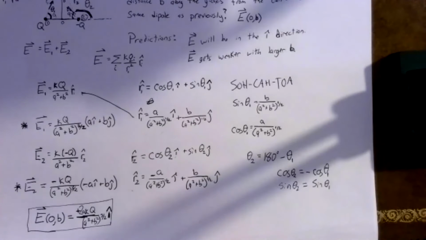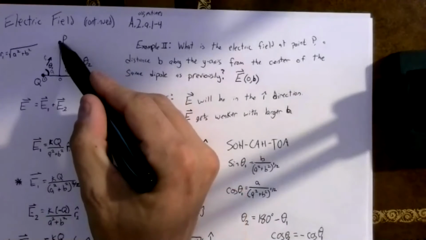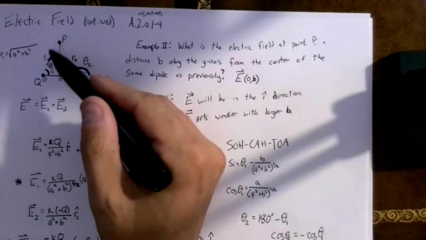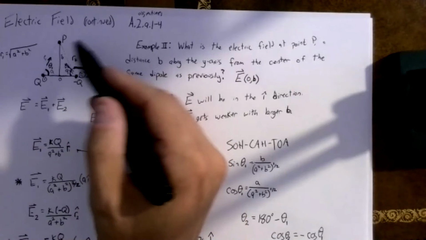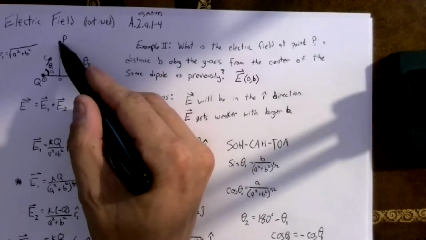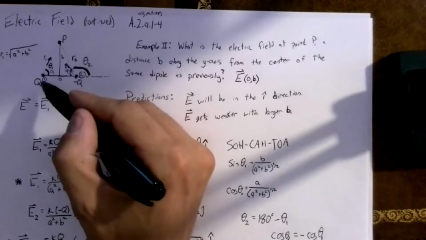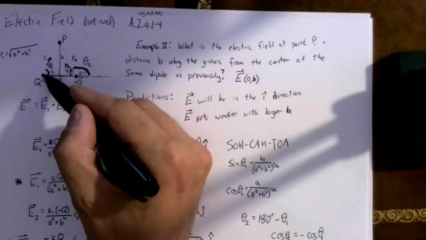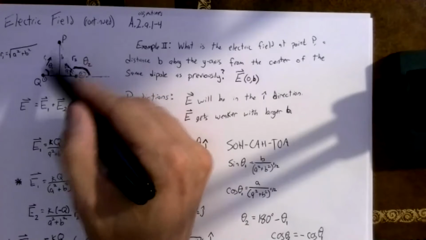So why is the field positive if there's a negative charge? That's a good question. If you're over here and we put a positive charge here, the field is going to point in the direction that a positive charge is going to feel the force. It's going to be pushed to the right, away from charge Q, because it's being repelled.